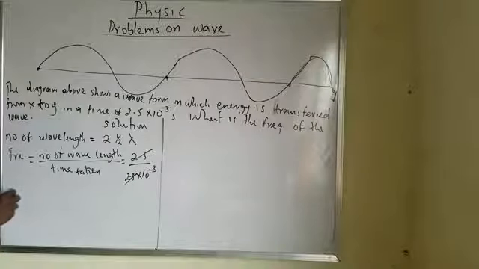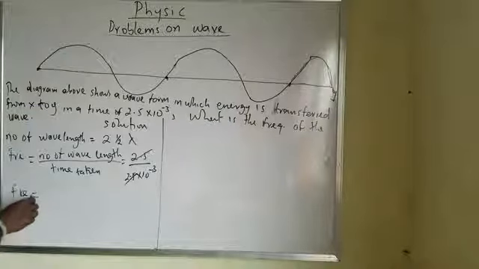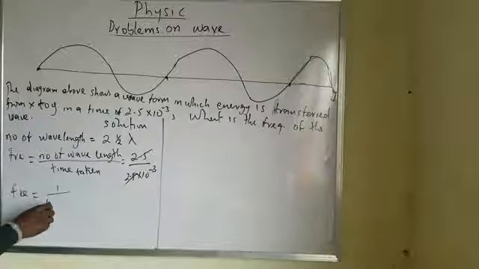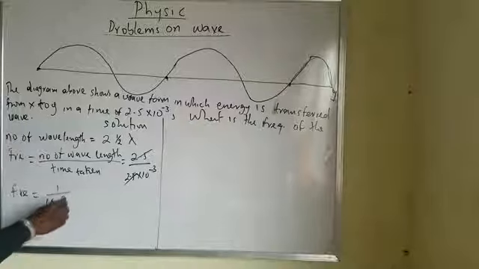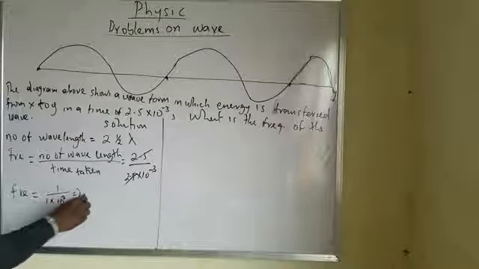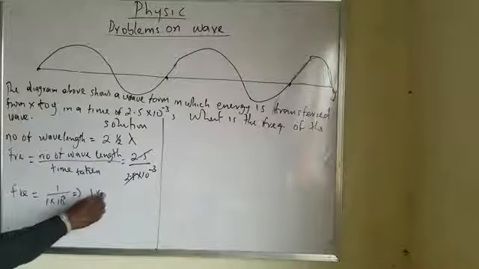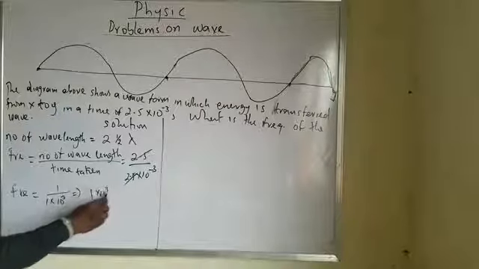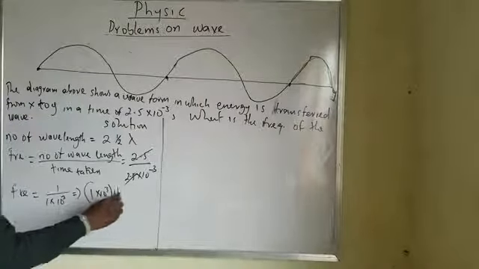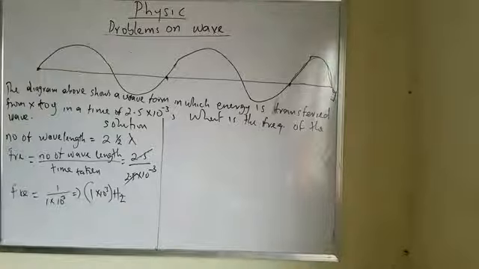will be equal to 1 divided by 1 multiplied by 10 raised to power minus 3, which also implies 1 multiplied by 10 raised to power 3 Hz. That is my answer.